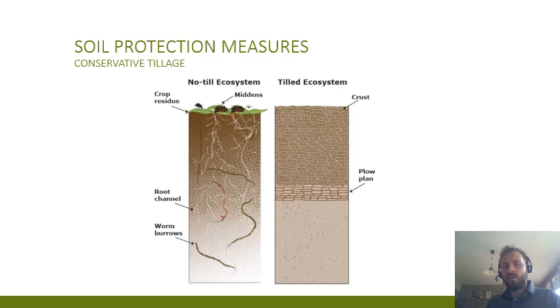But it can be difficult to manage because of weeds, because of the ability to sow in unplowed soil, but you will really keep a good structure like you can see on this scheme, and by doing so you will really protect the soil. So ideally we should do this when we think of the soil, but for pest issues, weed issues, and practical issues, it's difficult to really practice it.